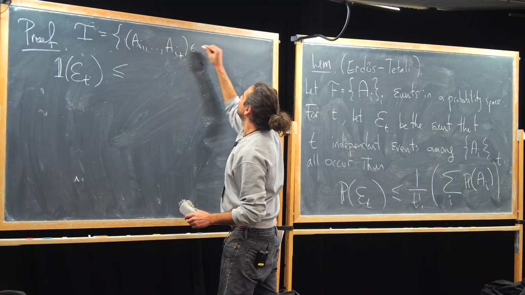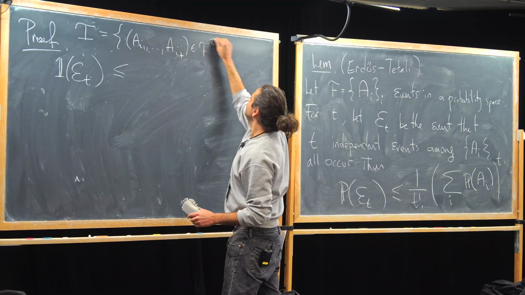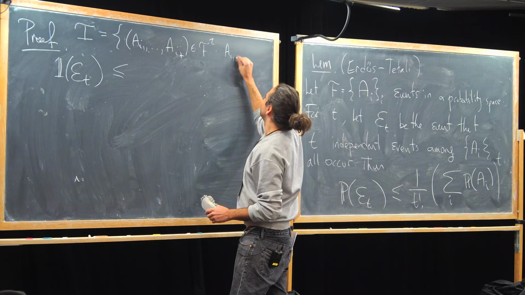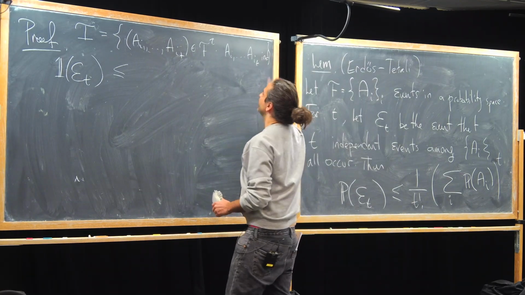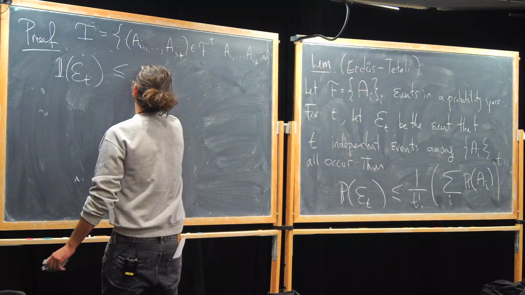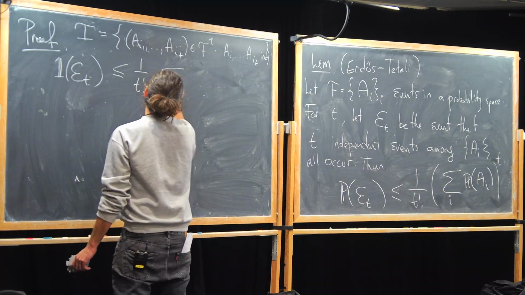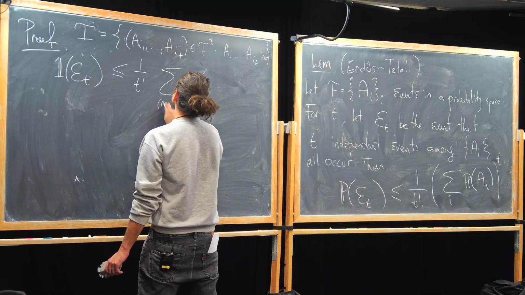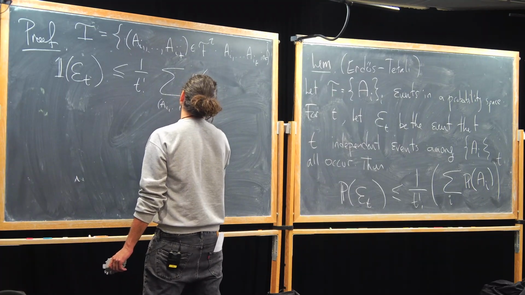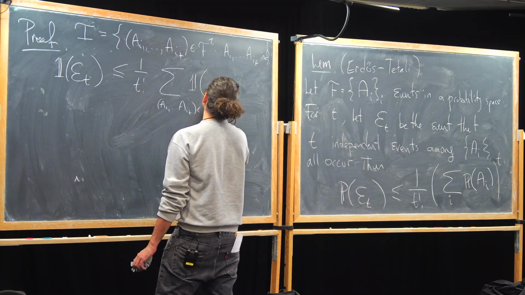I should say in F to the t, and these are independent. And now I claim the following thing. So this is a_i1 up to a_it in I.